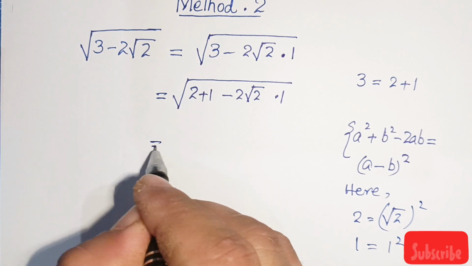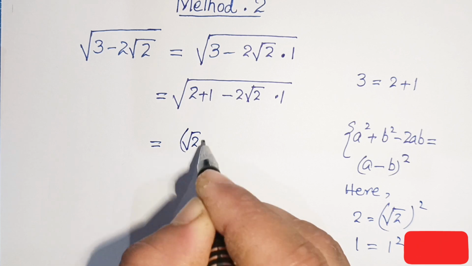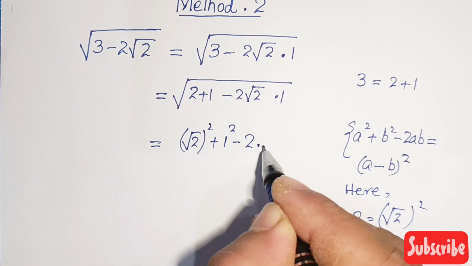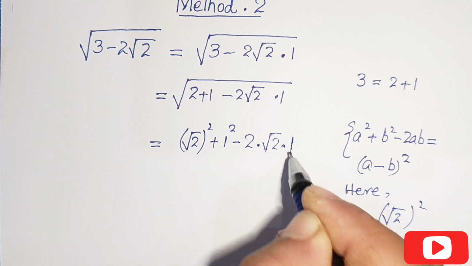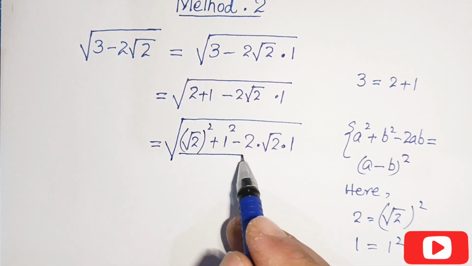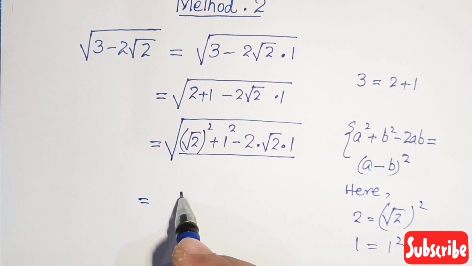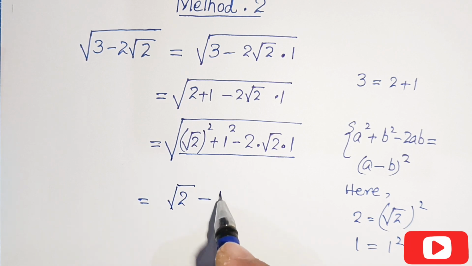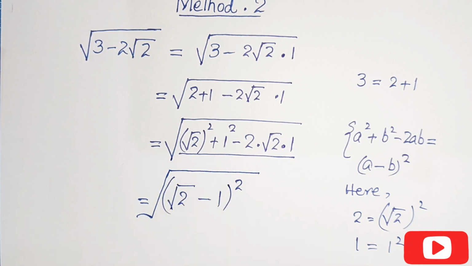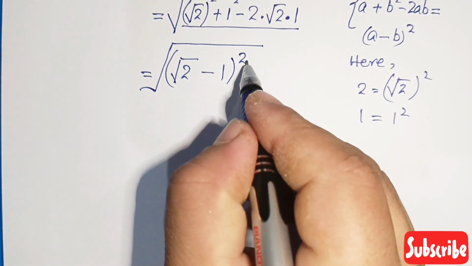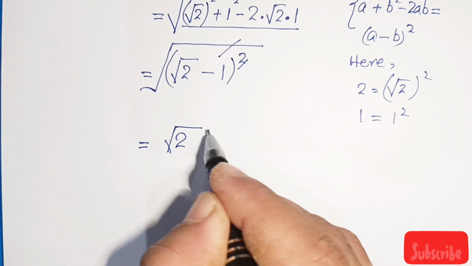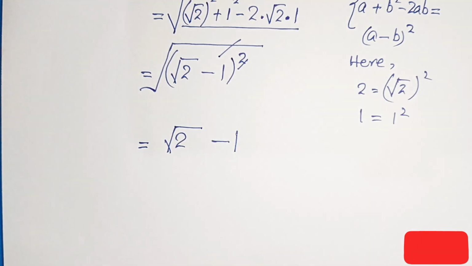Now it will be square root of 2 whole squared plus 1 squared minus 2 times a, which is square root of 2, times b, which is 1, whole square root. This expression is equal to square root of 2 minus 1 whole squared, and then whole square root. Now if we cancel the square with the square root, we get square root of 2 minus 1.